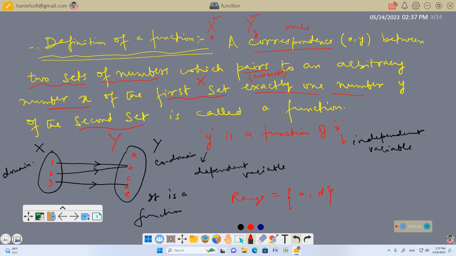Remember, we use this language. We say B is the image of 1, B is the image of 2, D is the image of 3, according to this particular rule or correspondence.